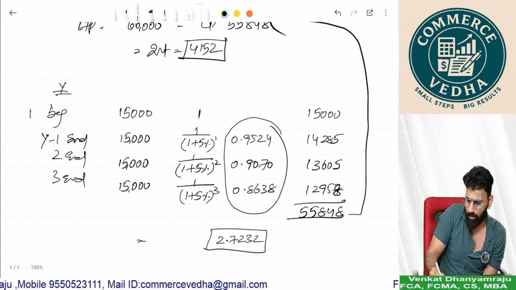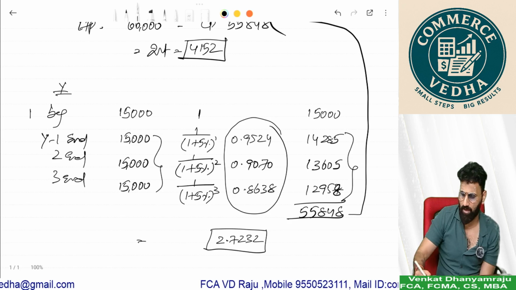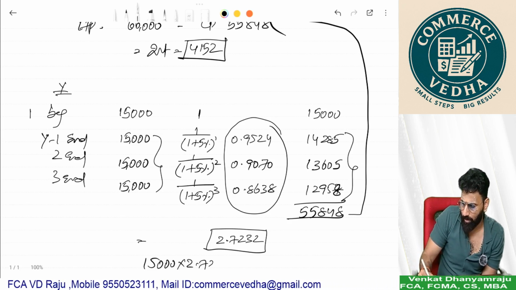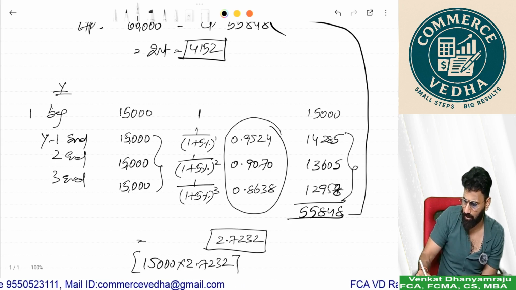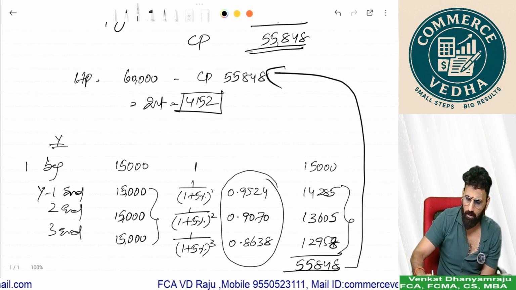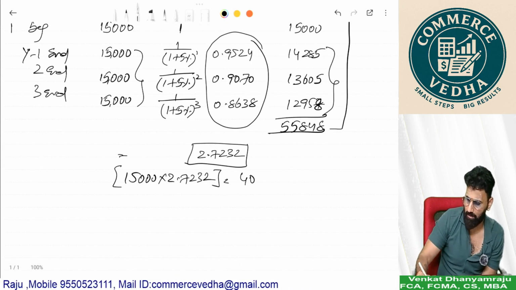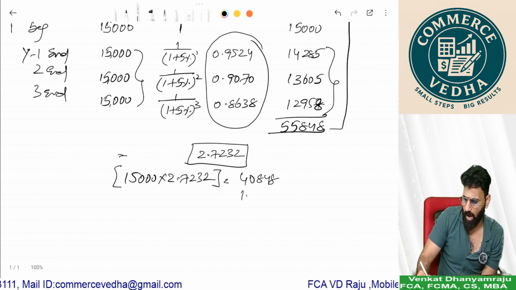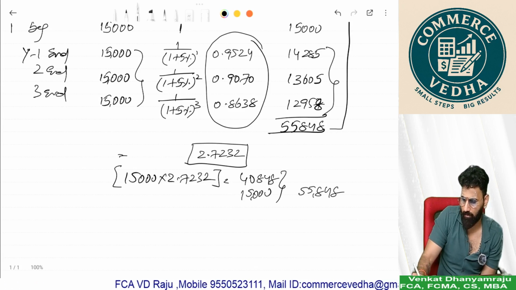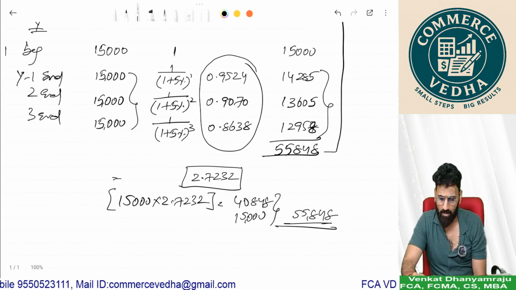Because the inflow is constant, instead of doing each year, we can simply do 15,000 into 2.7232. You will get 40,848, and you add 15,000, you will get 55,848. And your interest is how much? 4,152.